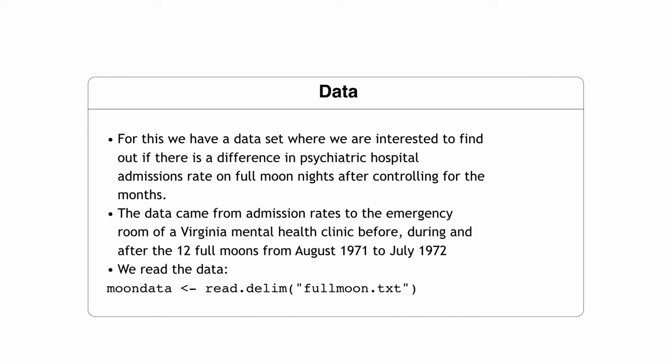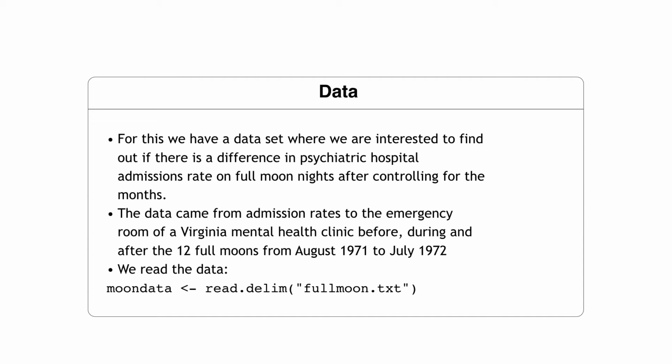We have been using a number of different data sets, but this time you're going to use a data set which comes from a rather well-established kind of data set, known as the Moon data set. Let me explain this a little bit. In the Moon data set, we wanted to find out if there's a difference in psychiatric hospital admissions rate on full moon nights after controlling for the effect of months.